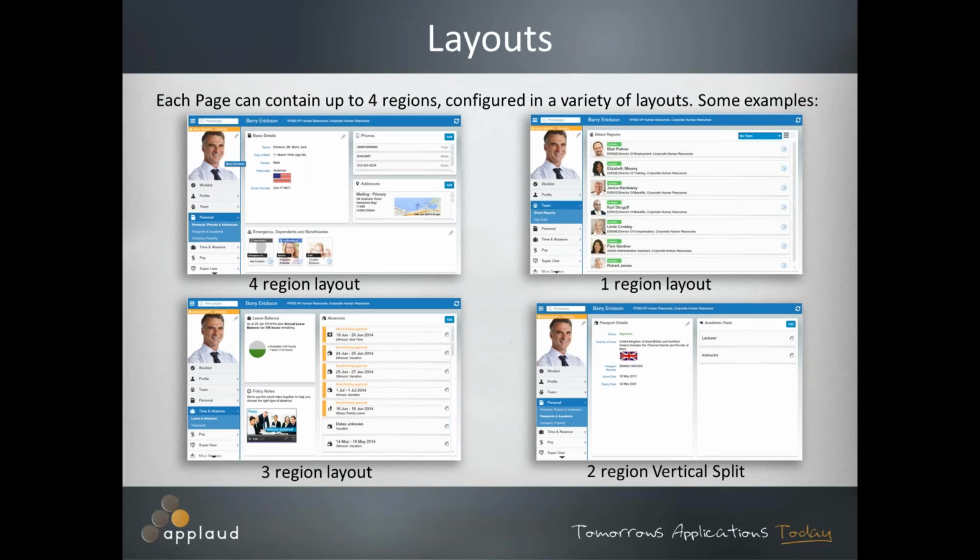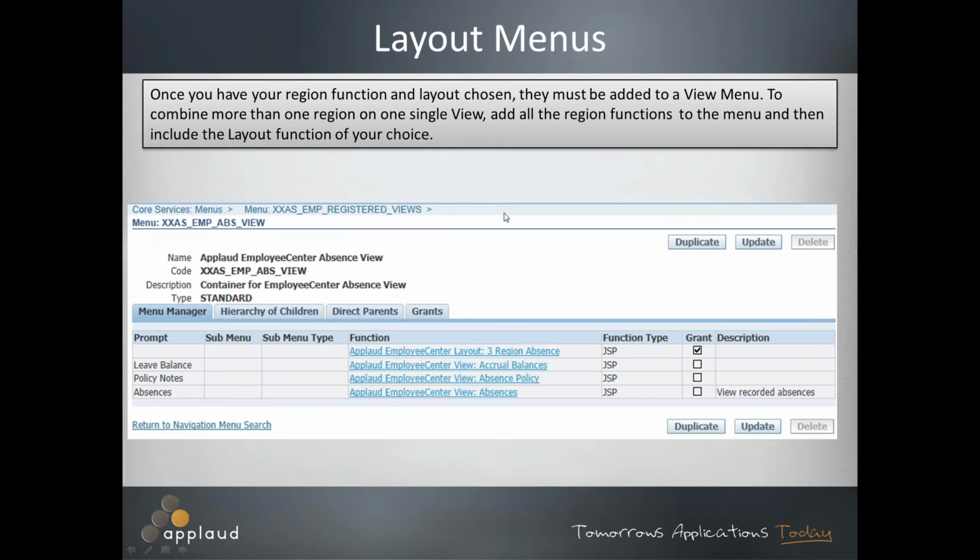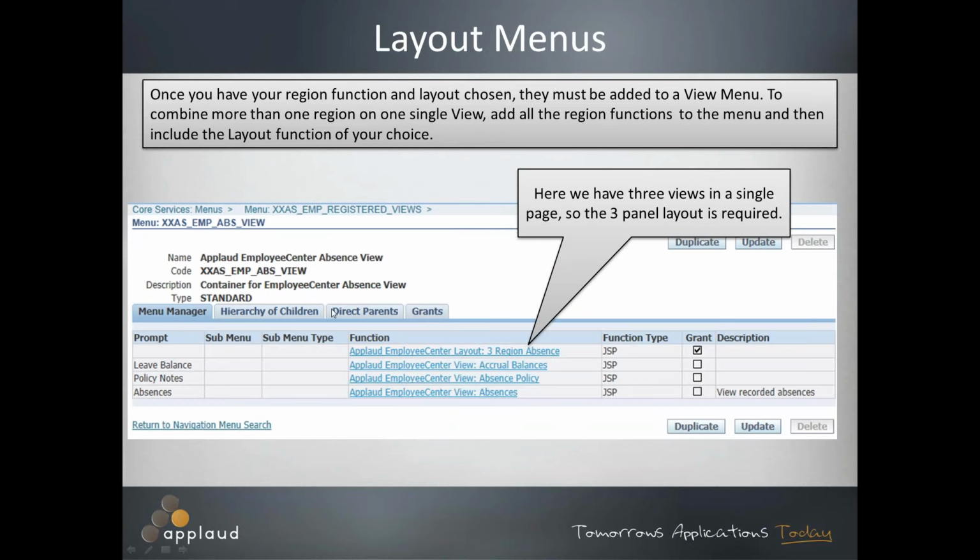So when you're defining a screen or defining a new layout for yourself, the first thing you've got to decide is how many panels you're going to show on the screen at once. And actually there's a number of functions that you have to choose from, which define the number of regions and the configuration of the regions on the screen. So in this case, here's our layout menu for absence, and in the case of absence we've got 3 regions, and so there's a special function that we have to define that particular layout.